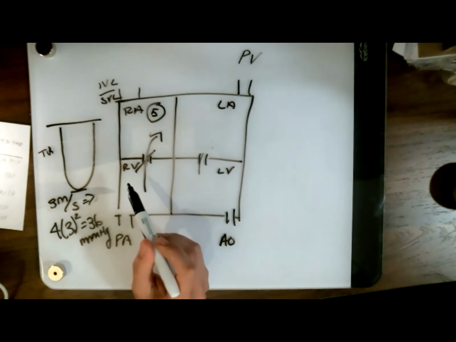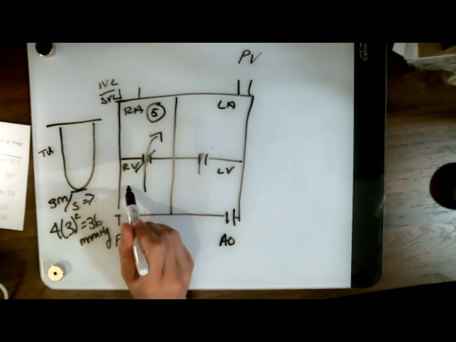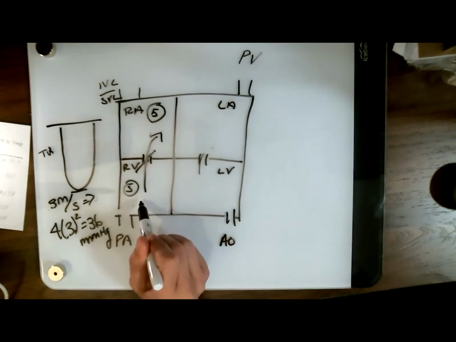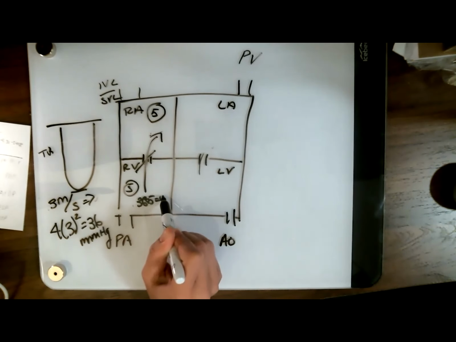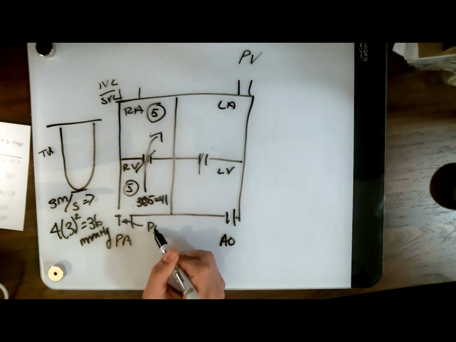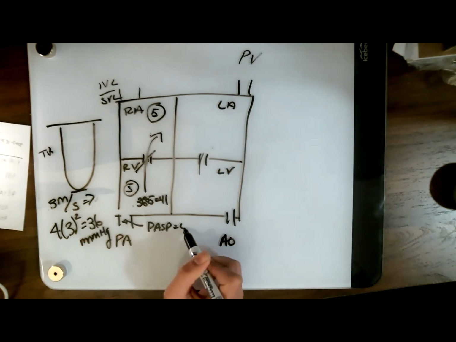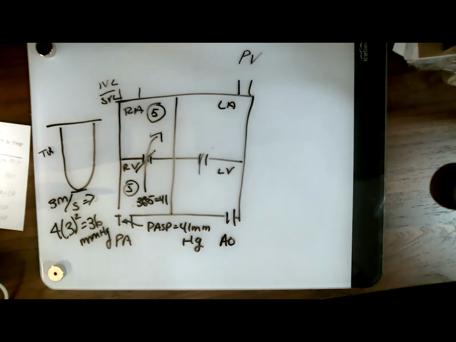Which means that your RV systolic pressure, and you're in systole here, is 36 plus 5, which is 41. In the absence of pulmonic stenosis, so too should your PASP be 41 millimeters of mercury. So you guys all know this. I just drew it out on this diagram.